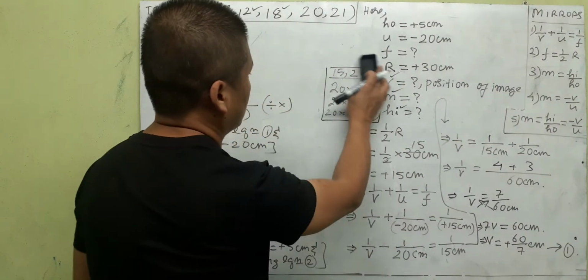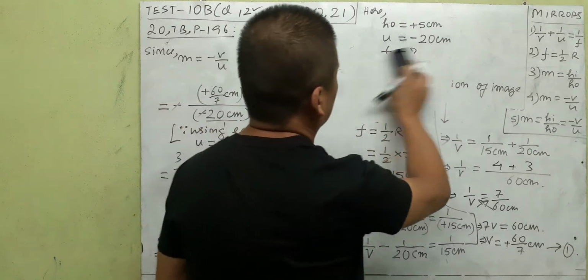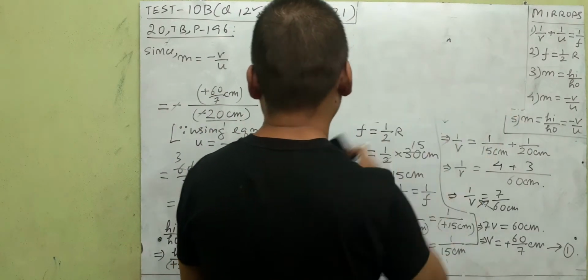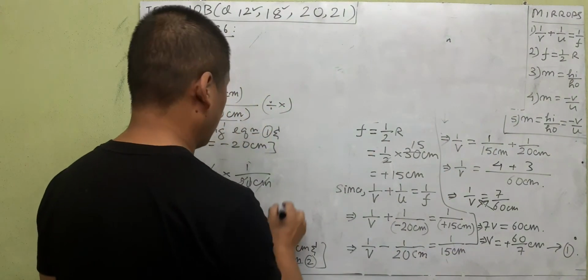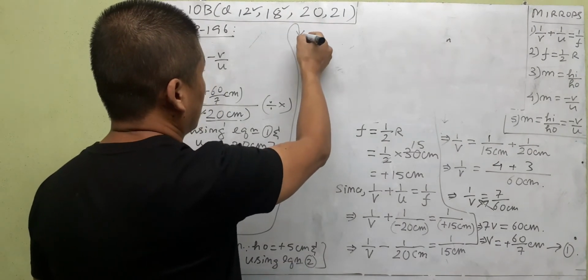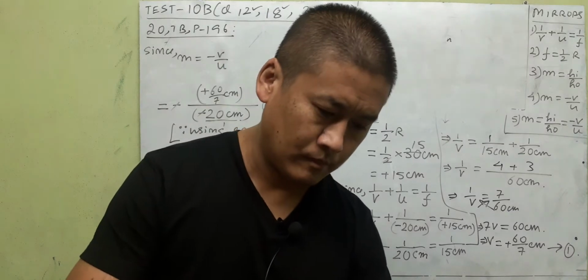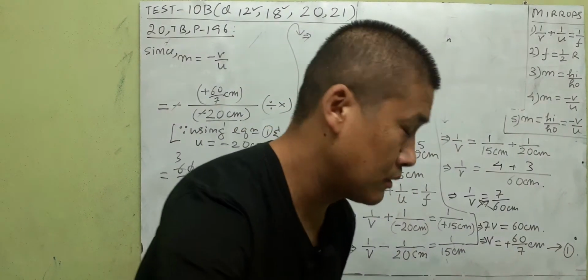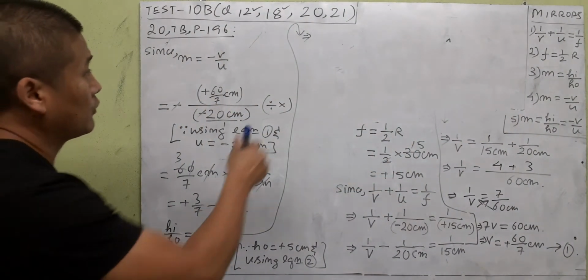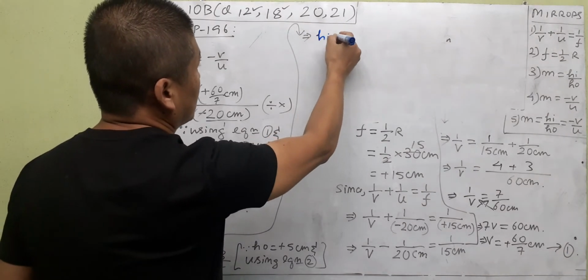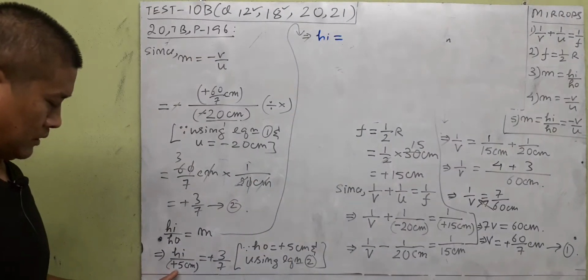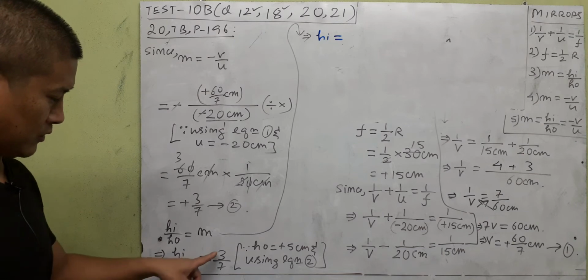So we can write here, as we continue, that implies that HI, don't touch, let it be there, equal to, and this down here 5, if you shift, will go to numerator and multiply 3.